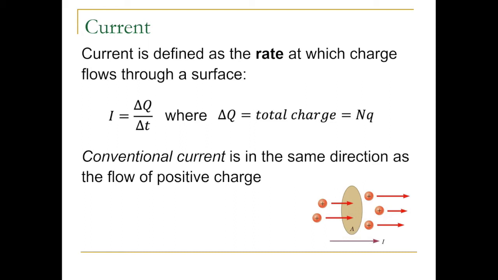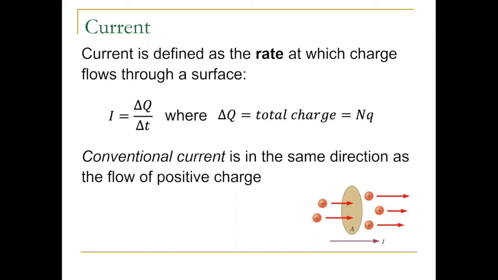Now, with circuits, we always deal with conventional current. What that means is, when we first understood electricity, we didn't know that it was electrons moving through the wires, so we just assumed that they were positive charges. All of the textbooks will use conventional current for the direction of the current flow.